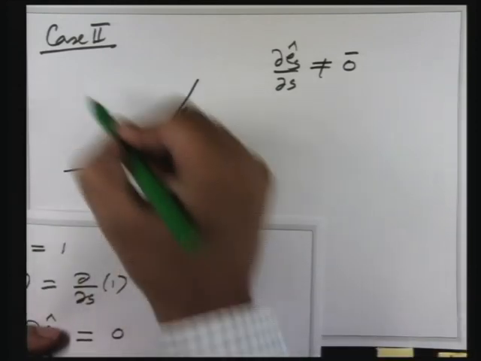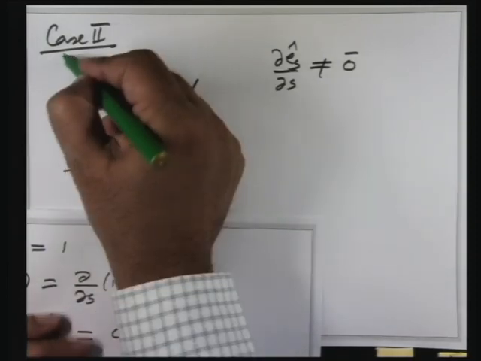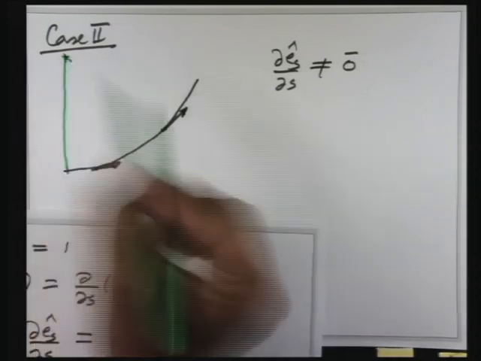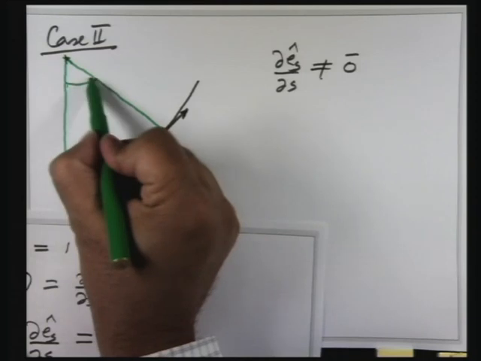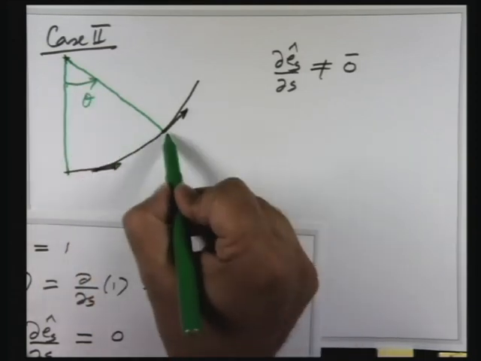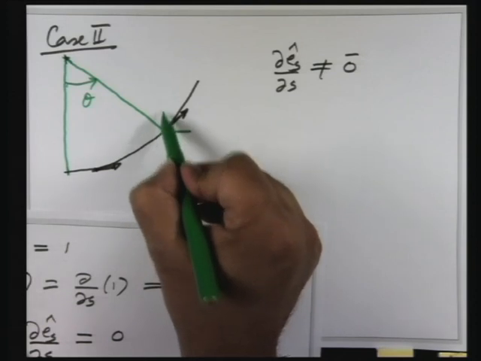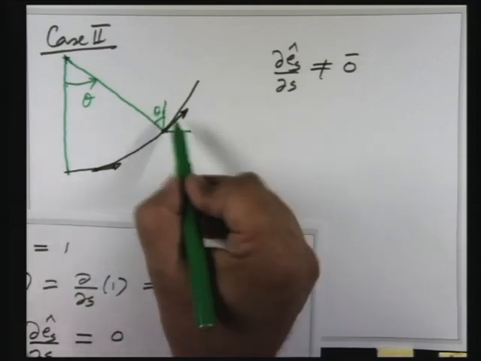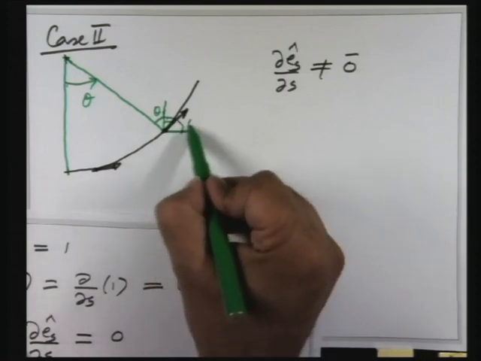So suppose I say this is the center of curvature, I can draw a line over here and another line over here. If I say this angle is theta, and I draw the horizontal line here and the vertical line here, this angle is going to be theta because it's an alternate angle. This one is going to be 90 minus theta, so this one is theta.